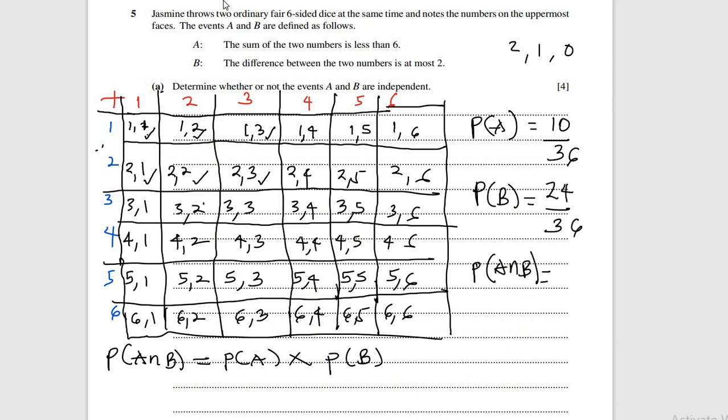And the difference is 1, 2, or 0. How many have you done? 1, 2, 3, 4, 5, 6, 7, 8. There are 8 altogether with the sum less than 6 and the difference 2, 1, or 0.